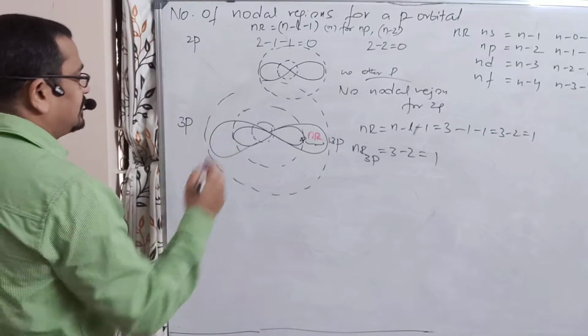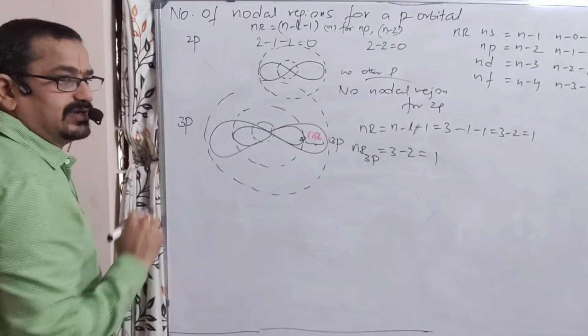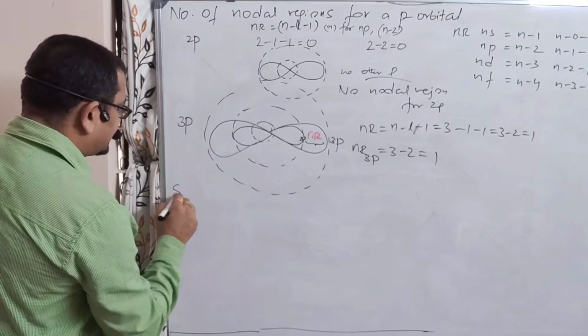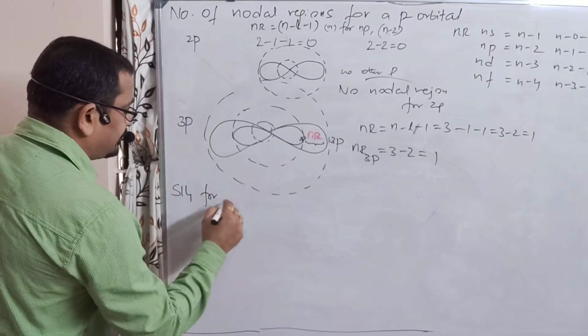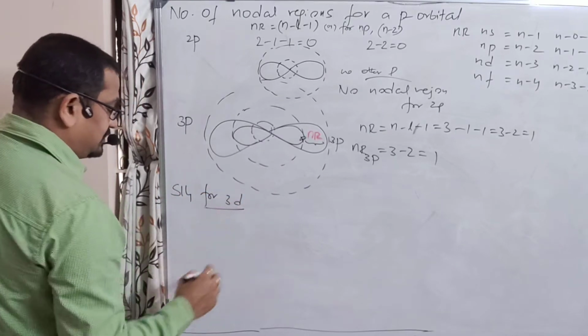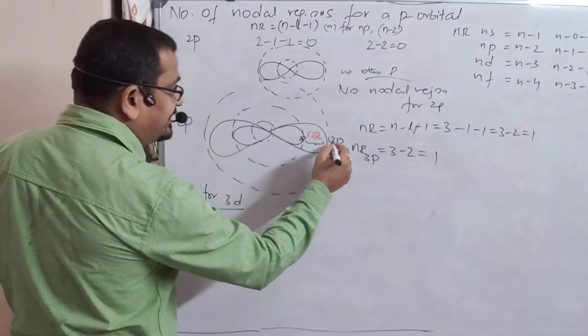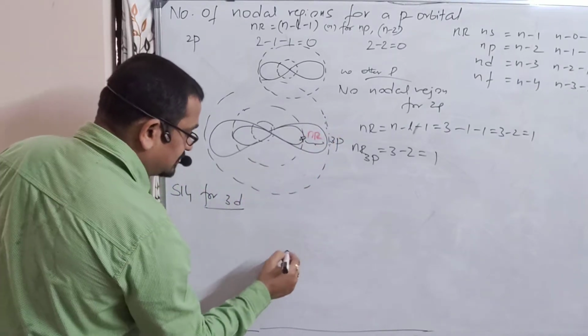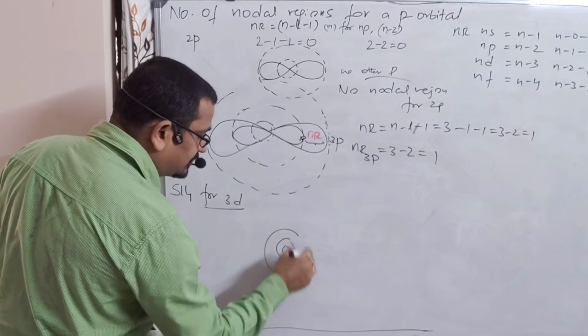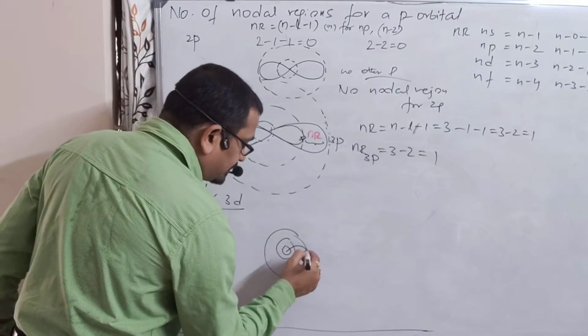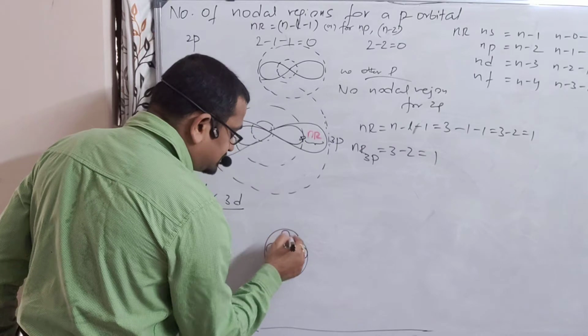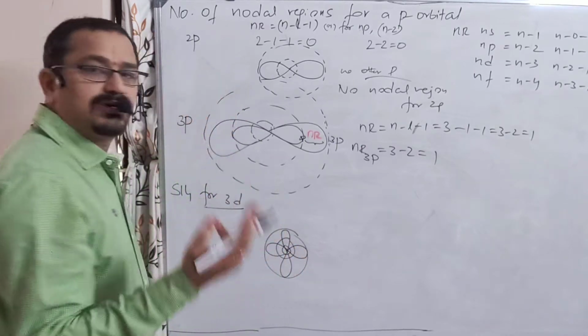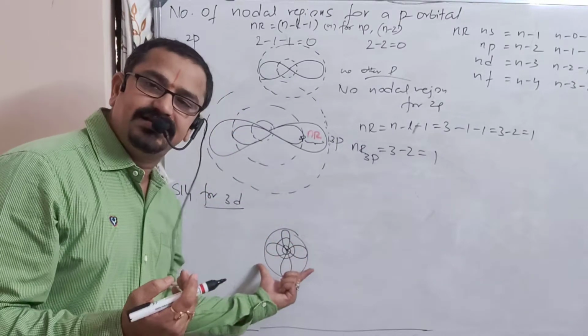Next, like this, we can compare 2p and 3p. And similarly for the 3d orbital. 3d starts in the third main shell. So in the first, second and third boundary diagram, here the d orbital starts. The first d orbital starts in 3d, below which there is no other d orbital. This is the starting d orbital.